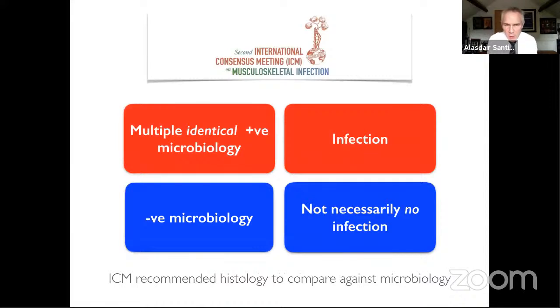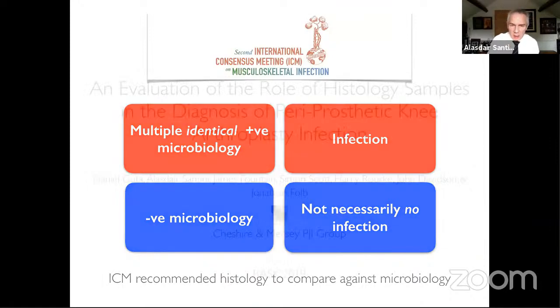Because if you've got multiple identical positive microbiology, then we know you've got infection. But having negative microbiology does not mean there's necessarily no infection. And histology is one of those tissue tests that we can take, which help us. They don't give us a definite diagnosis, but they certainly help.